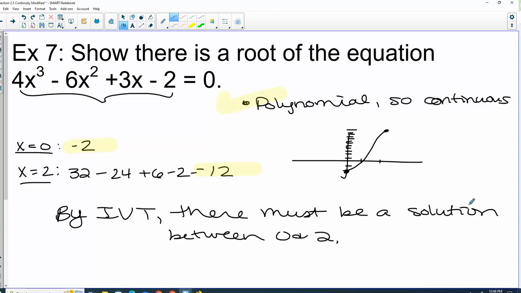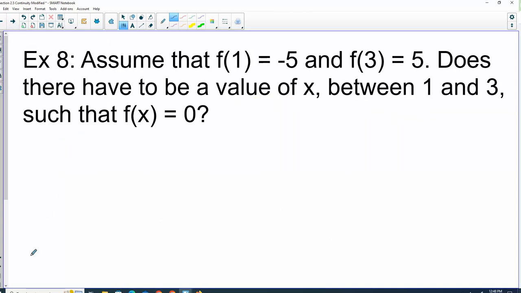Alright, last example, and then you guys get work time. Assume f of 1 is equal to -5. So that's like a point. When x is 1, we get -5. F of 3 is equal to 5. When x is 3, we get +5. Does that mean there is a value between 1 and 3 that makes it equal 0? Is it continuous though?